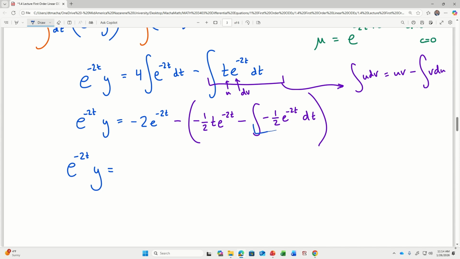This antiderivative, by the way, is, divide by -2, you get 1/4 e to the -2t. And don't forget plus c somewhere. Been taking antiderivative, so we need one of those. All right, so -2 e to the -2t.